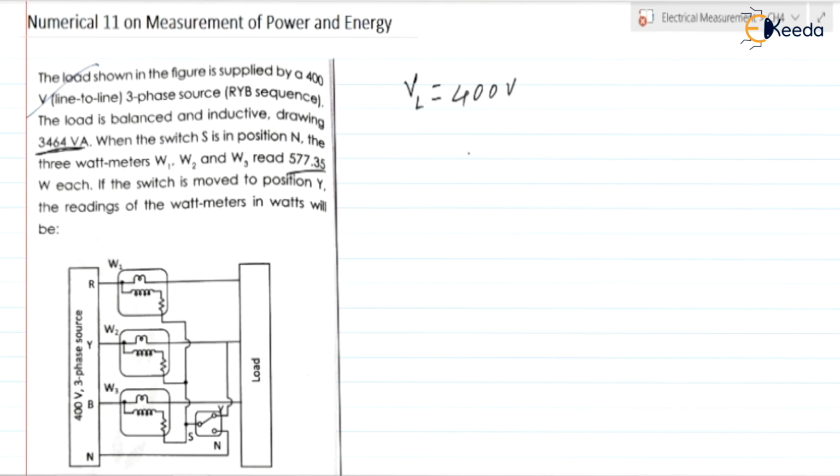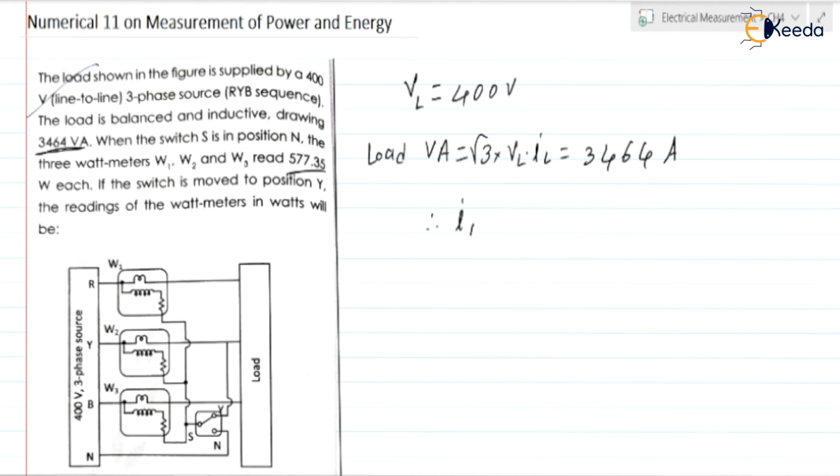Next, the load volt ampere, load VA, is nothing but root 3 into VL into IL, which is equal to 3464 volt ampere. Now we know VL, so from this can we find IL?